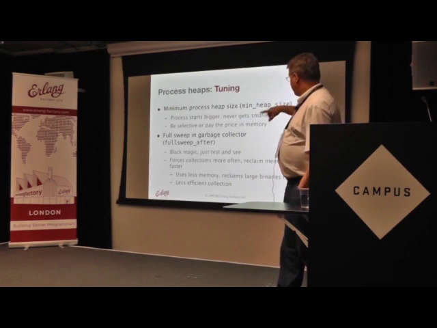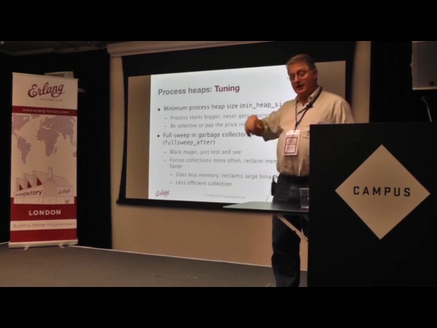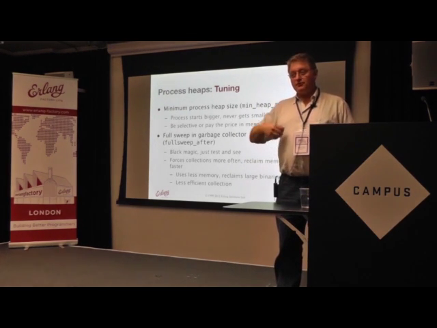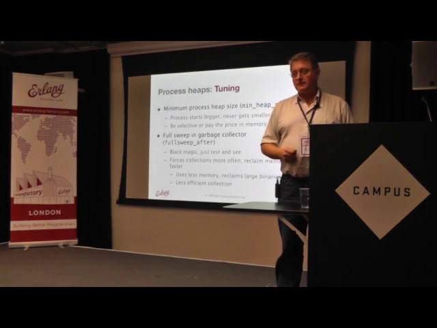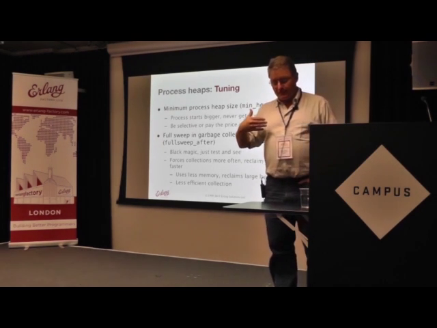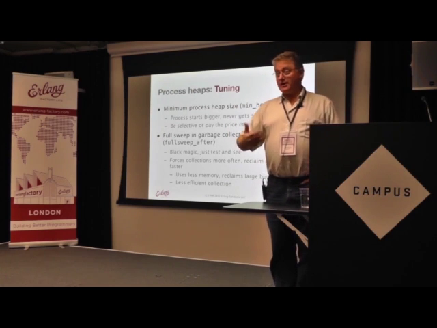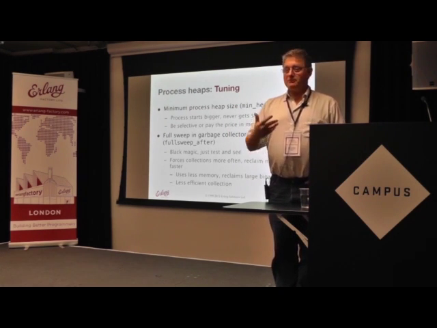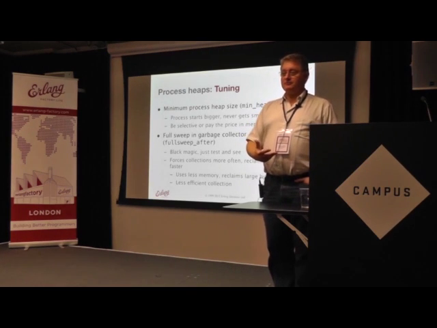But if you set the full sweep after count to a very small number, like 0 or 1, you will force faster garbage collection. You will force the garbage collector to do more work, but it will collect more unused data. So you will generally use less memory in your system.